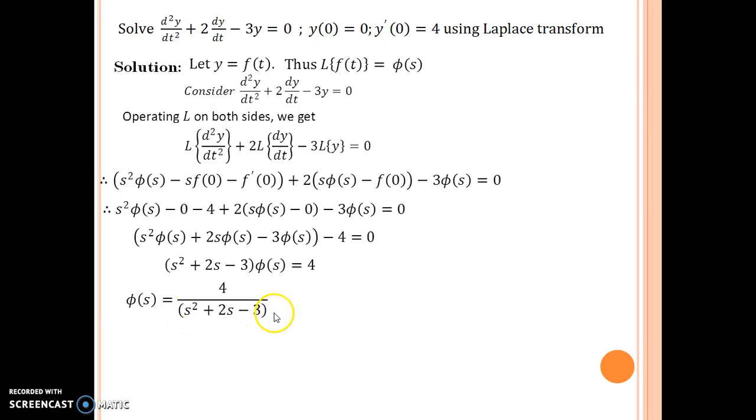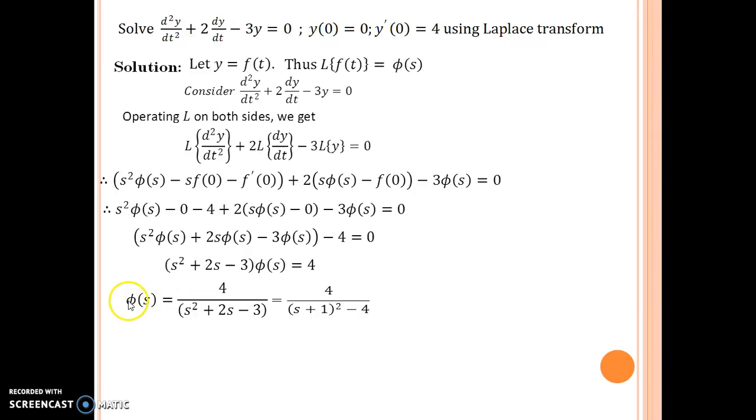Having done that, you can either factorize the denominator, or you can complete the square. Over here I am going to complete the square. I am writing it as 4 upon (s plus 1) the whole square minus 4. So on completing the square, I obtain this.